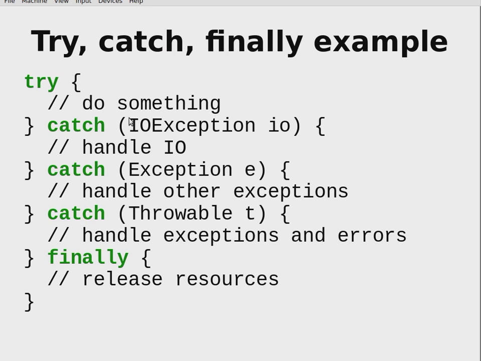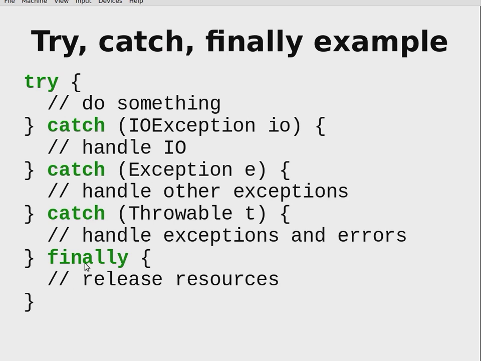And you can catch different subtypes. You can start with more specific ones like IO exception, then just exception, then throwable, and handle them in different ways. And then you can have a finally block where you do cleanup, something like this.